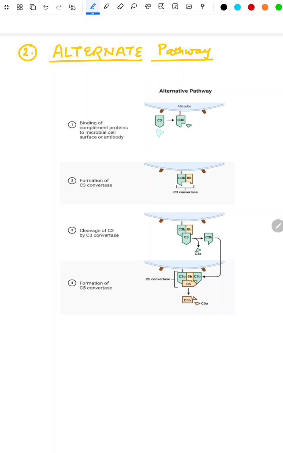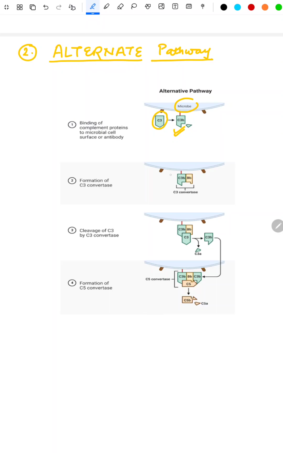So C3 is present in the blood already. Okay, so C3 has now bound to the microbe or the antigen, right, to form C3b. Now this C3b will basically bind to the factor B, which will divide into factor Bb and Ba.